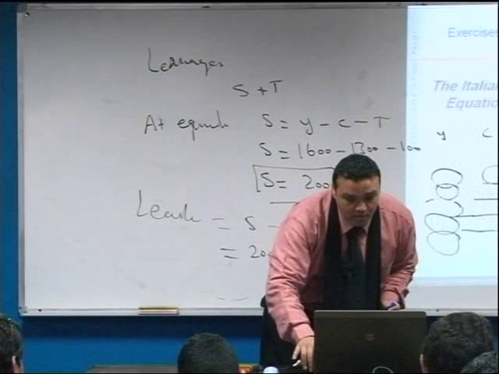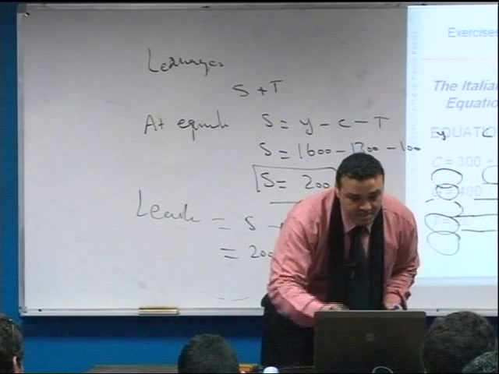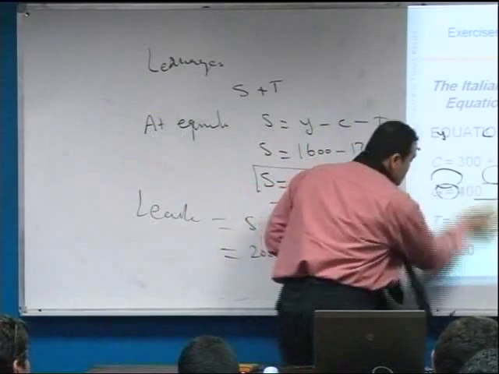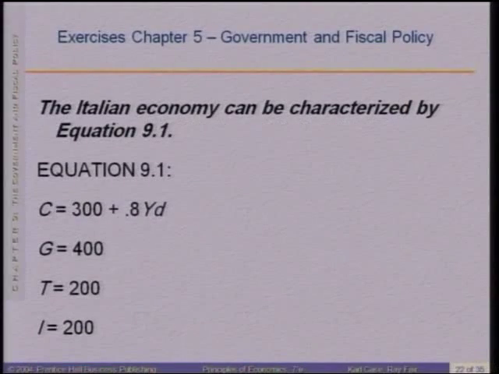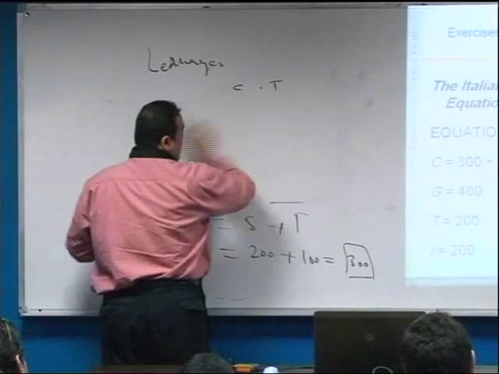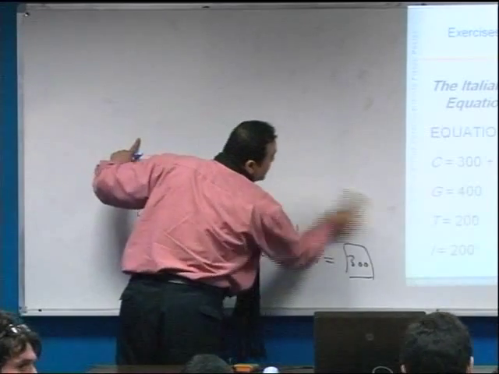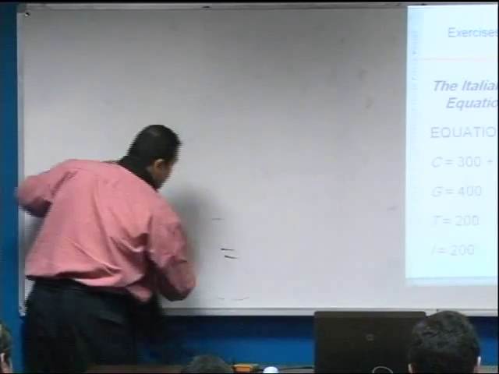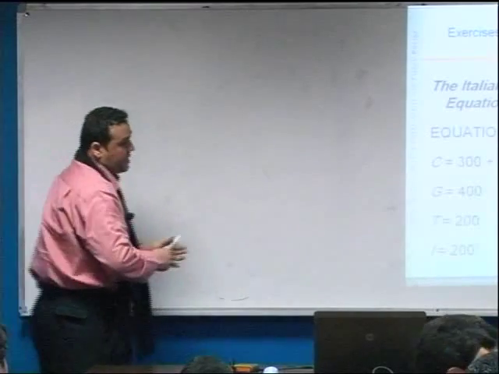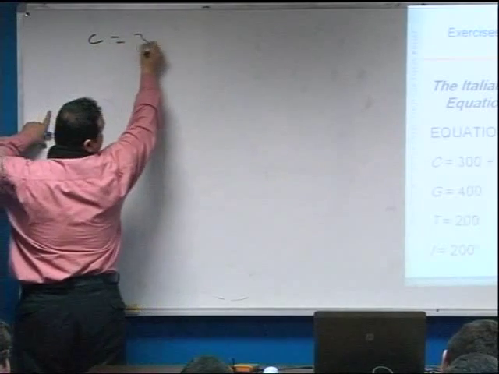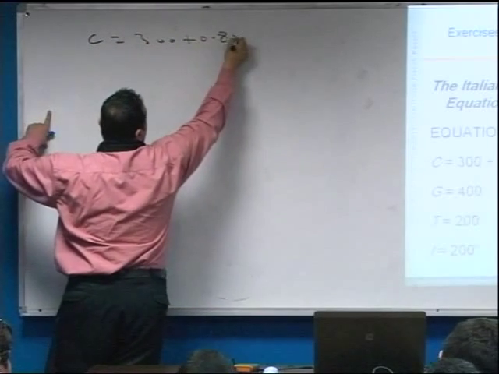Let's go to this exercise. As you see, the Italian economy can be characterized by the equation C equals 300 plus 0.8 YD.